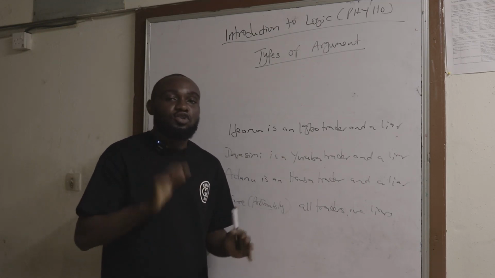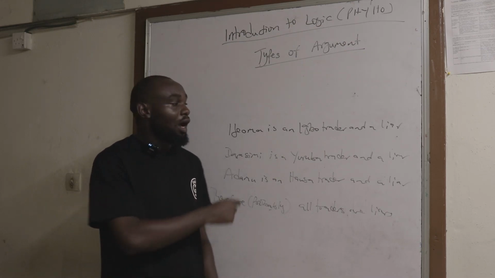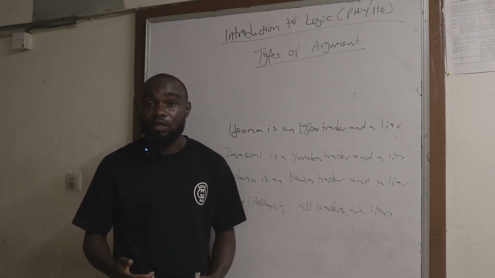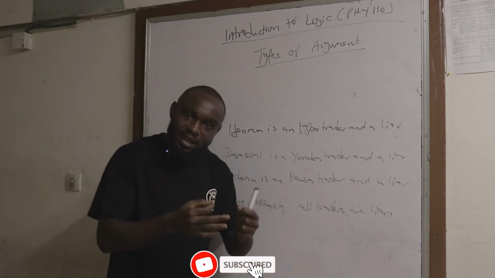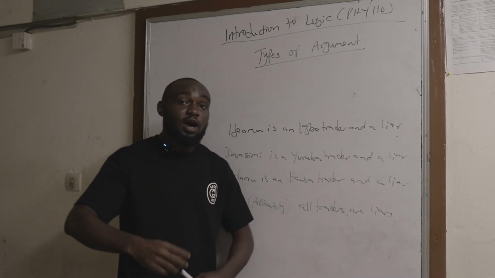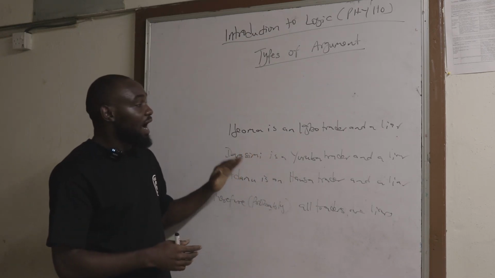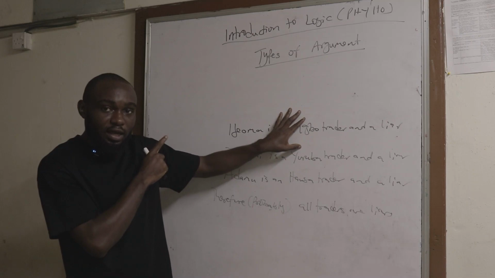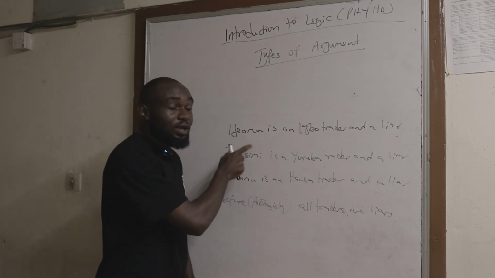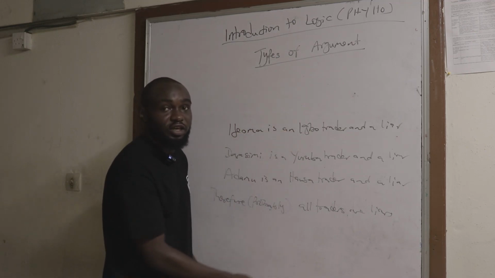So the definition offered by modern logicians as regards inductive argument is that an inductive argument is an argument whose premises provide a probable ground for accepting the conclusion of an argument. So I'm giving examples of inductive arguments from a particular premise to a general conclusion, from a particular premise to a particular conclusion, and from a general premise to a general conclusion.